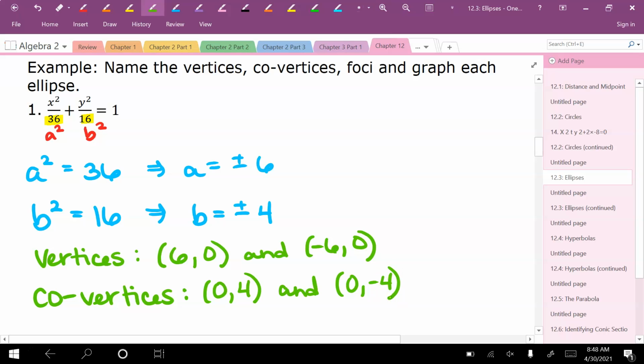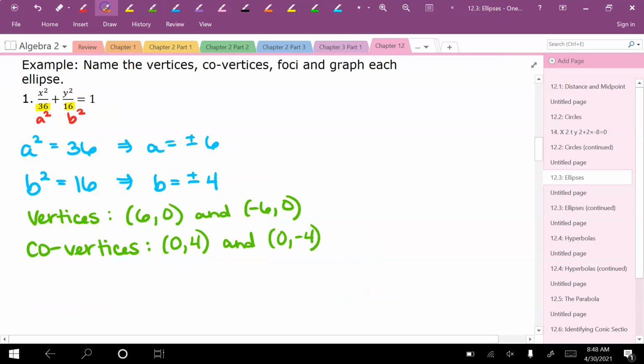Now what I want to do is find my c value so that I can find my foci. I have to figure out what c squared is first, using the a squared and the b squared. Like I said, this is where we subtract. So we're going to do 36, that's my a squared, minus b squared, which is 16.